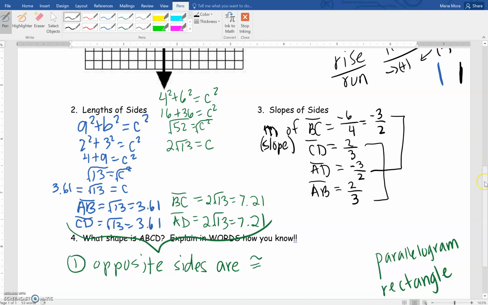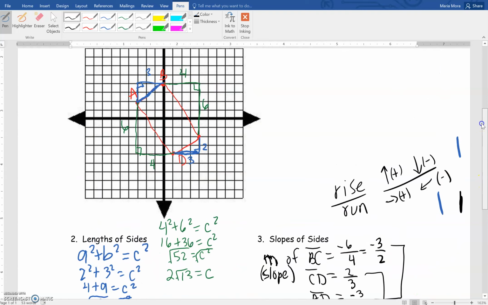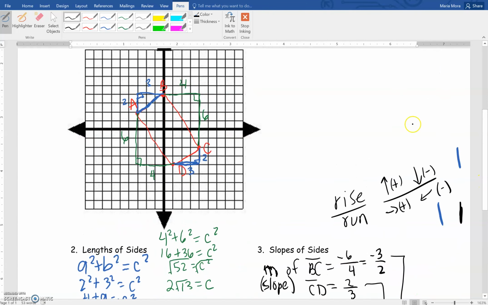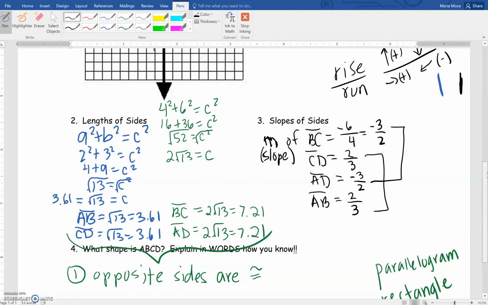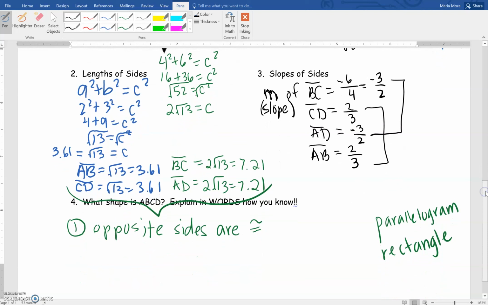So if we notice the position of BC and AD, BC and AD are opposite line segments. So opposite sides are parallel because the slopes are the same. Same thing with AB and CD. They're opposite sides, the slopes are the same. The opposite sides are parallel because the slopes are the same.